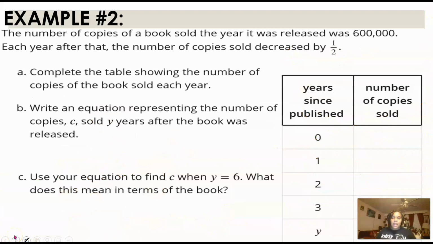All right, now this here is also for you to take advantage of on this. And if you do this and you want to send me it, that would be great. The number of copies of a book sold the year it was released was 600,000. Each year after that, the number of copies sold decreased 1/2. Once again, completing this is great because you get the practice.